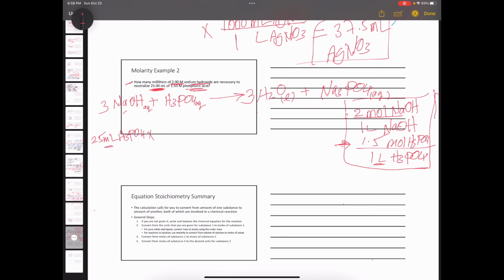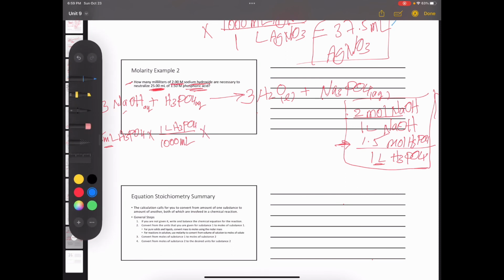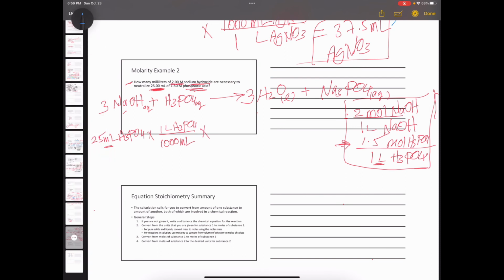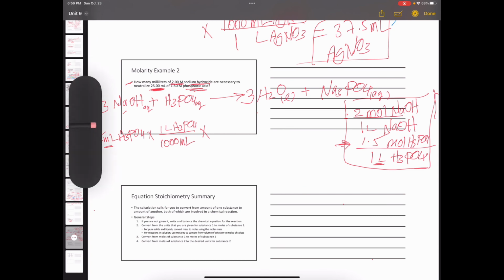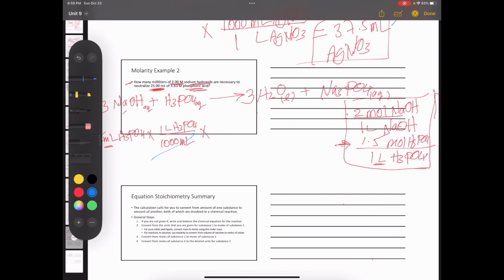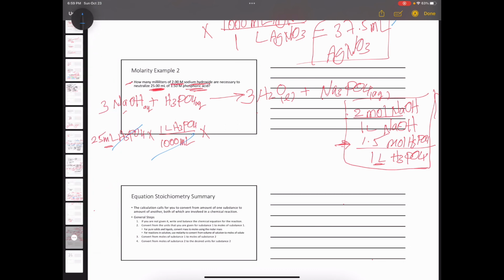So my problem here, I need to convert my milliliters into liters. So I have 1 liter H3PO4, and I have 1,000 milliliters. So now I can easily cancel the milliliters with the milliliters. Now I have the volume of the phosphoric acid calculated in liters.